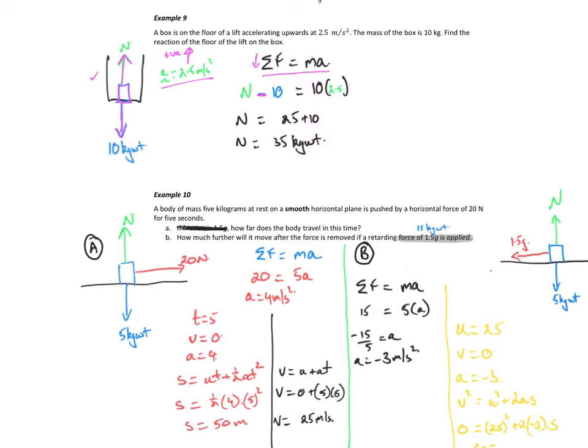The weight force 10 is acting down, so it's subtract 10, and that's equal to ma, which is 10 times 2.5. Now if I just rearrange that, they're the only forces acting, I don't have to worry about anything horizontally. So N is equal to 10 by 2.5 plus 10, which is 35 kilogram weight.